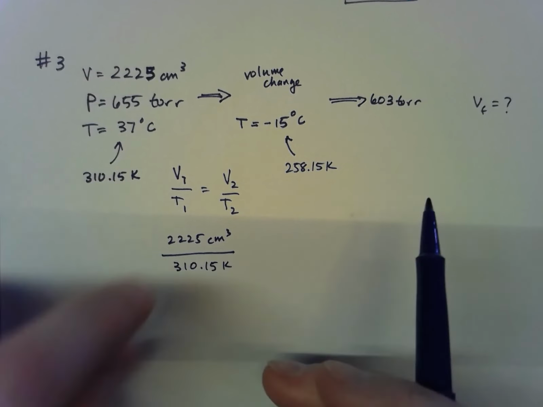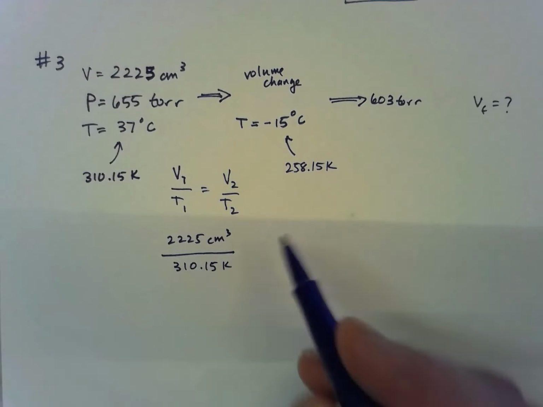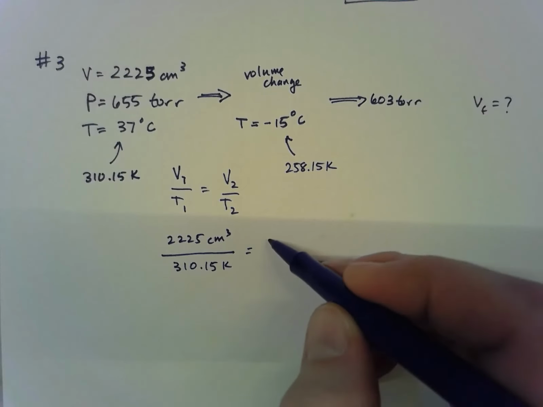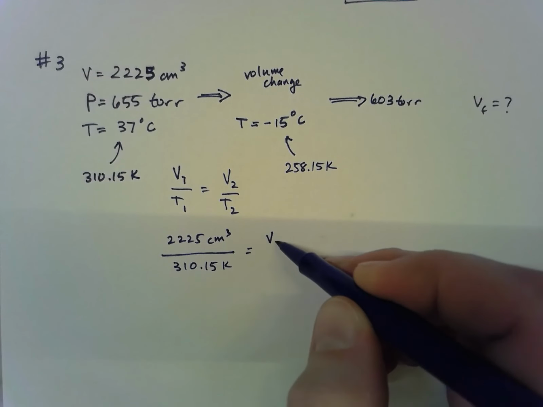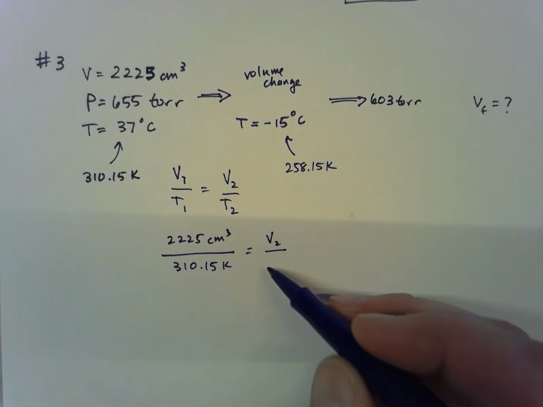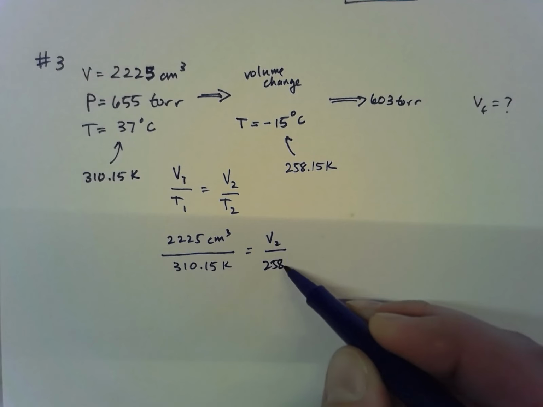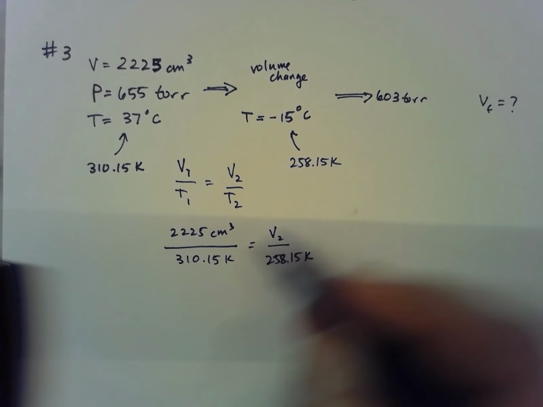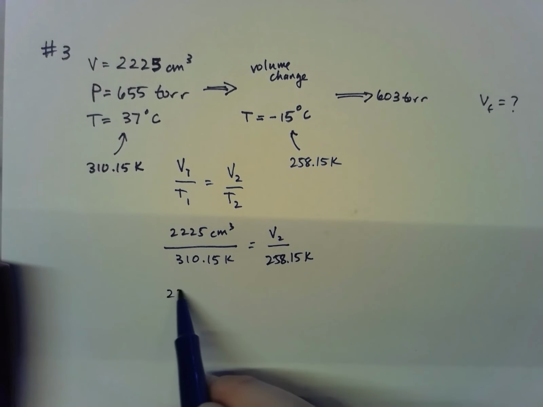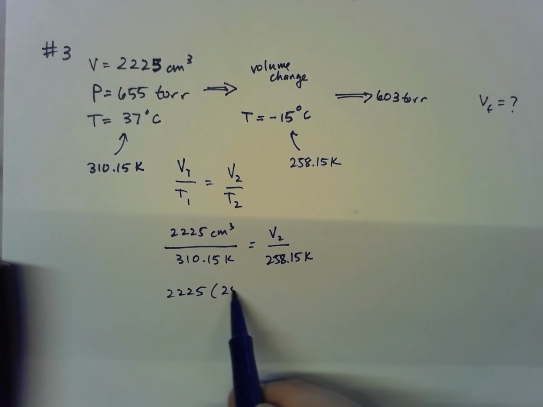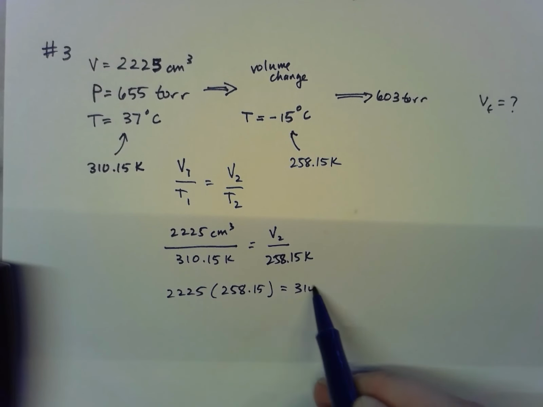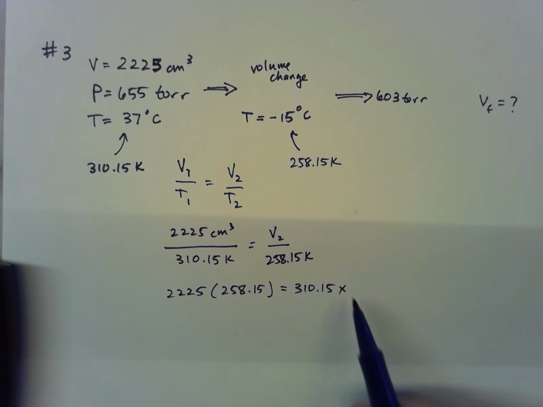Make sure you're lining up the befores and the afters. So we know there's a V2 here, and we're not sure what it is yet, over 258.15 K. Now we cross multiply, and what do we get? We get 2225 times 258.15 is equal to 310.15 X. So what are we going to do?